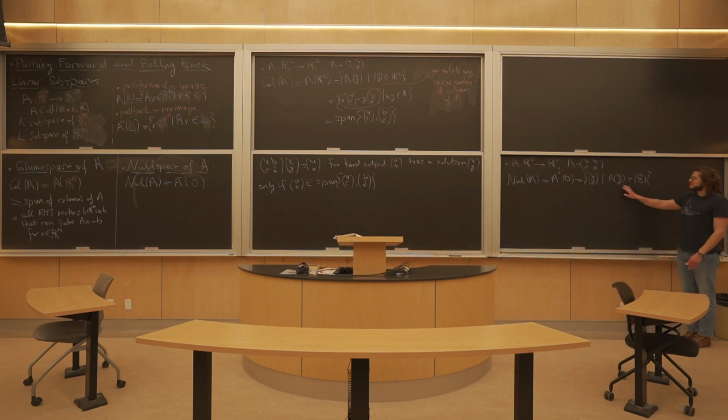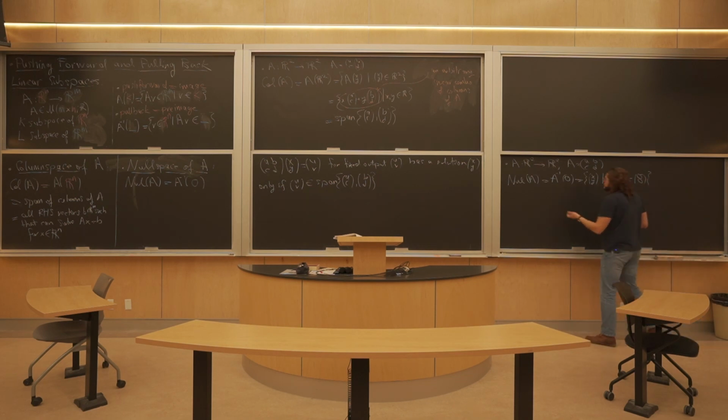All I can say is that this is the space of solutions of Ax equals 0. A times some vector equals 0. It's a linear system, and I'm looking at its space of solutions. Now, the output is fixed as opposed to the column space.